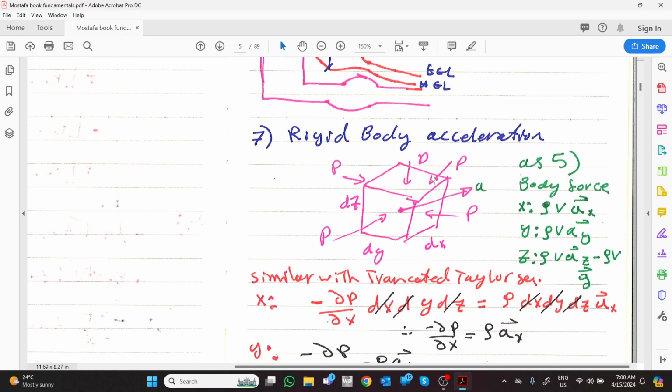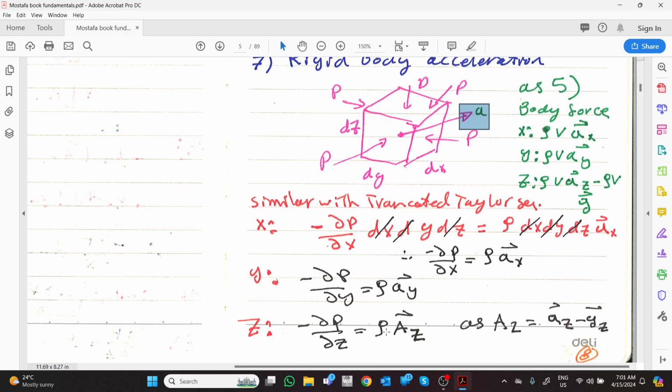Okay, we are going to apply the same concept, pressure on each face. But here, at the point in the center, there is a weight, and plus there is an acceleration, which is an addition. The acceleration from the center of the body is just the same.